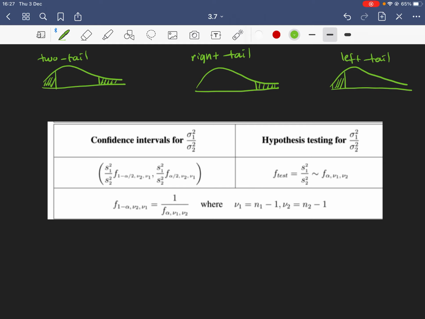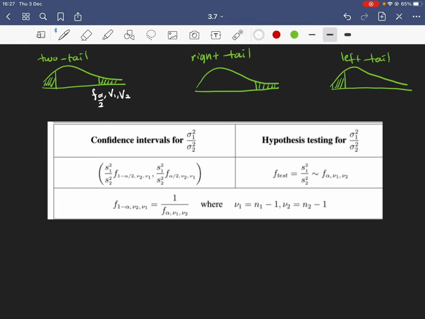How to find the boundary value for the right hand side and the left hand side if two tail? For the right hand side, you will have F alpha over 2 because of two tail, and then nu1, nu2.